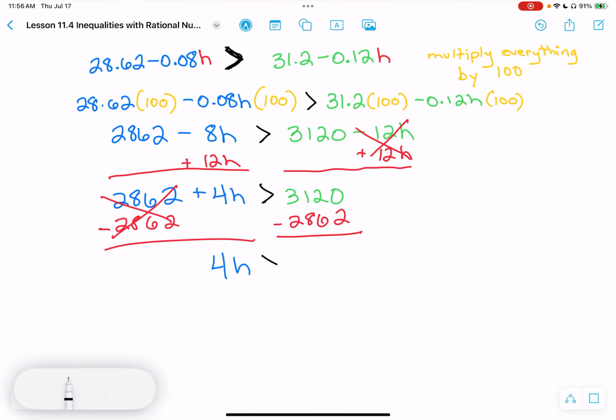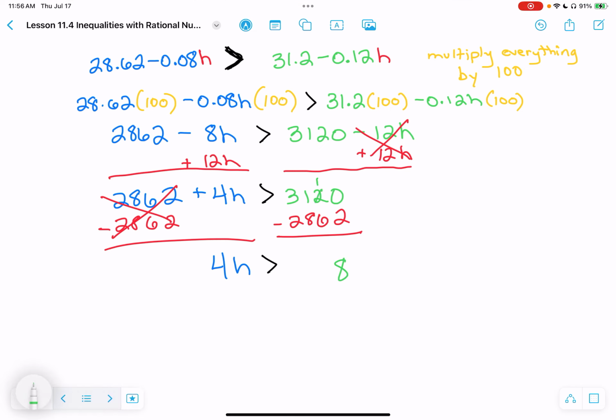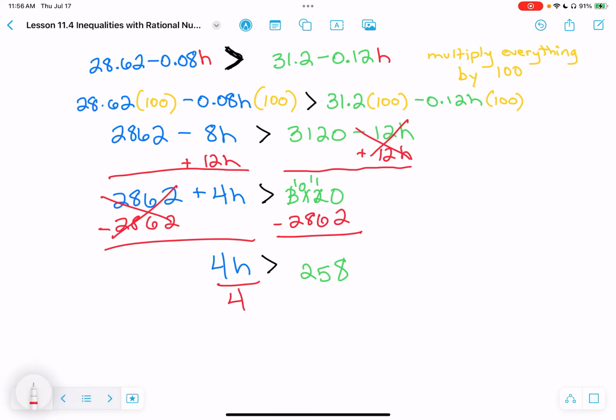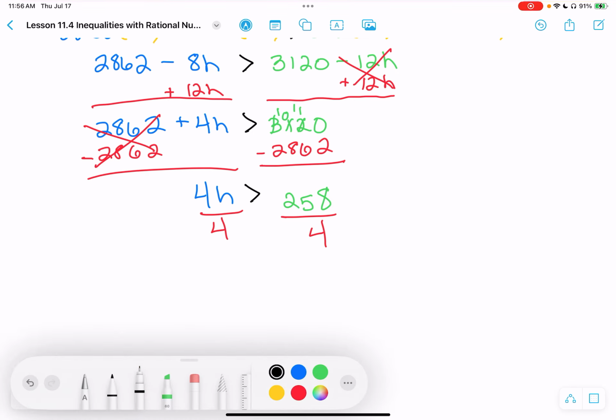Oh my gosh, what is this going to be? Okay, so it's going to be 258. I'm really good at subtraction, you guys. Sure. Okay, and then we will divide by 4. My kingdom for a calculator.